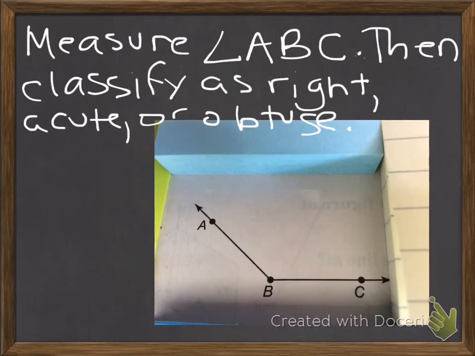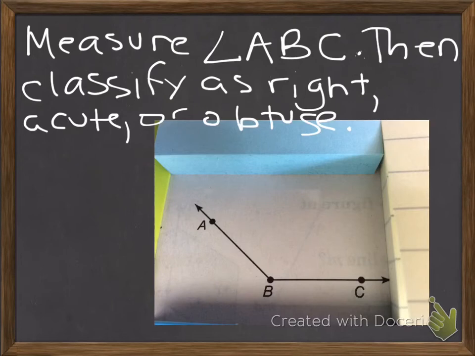Next one, we're supposed to measure with a protractor. So you're going to line up the protractor exactly in the middle with point B. And that's going to give you an obtuse angle, which we can clearly see, and since the left side is what we're looking at, and we know it's obtuse already, we're going to look at the inside scale of the protractor.